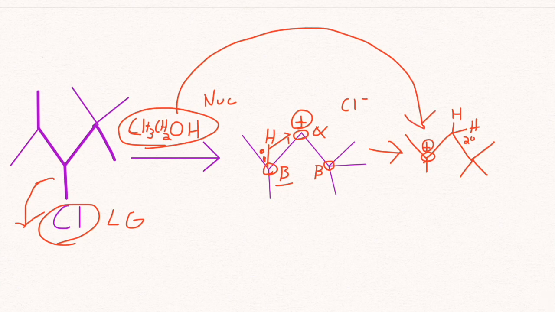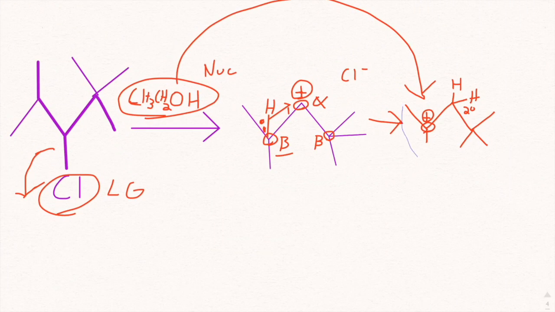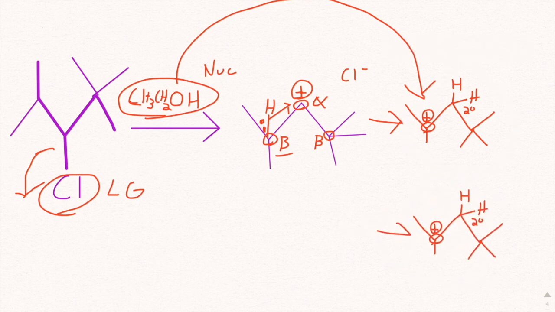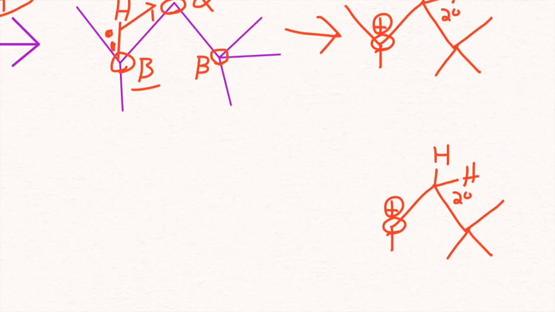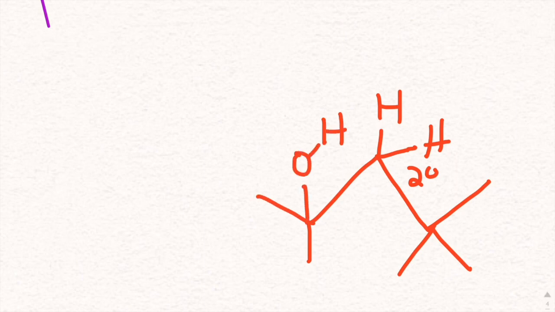So we can draw this step out and see what it's going to look like. I'm just going to drag and drop. The only difference is now you have this big ethanol attached to it, and it still has it connected to the same stuff, except now it's connected to where that positive charge was. So here we have our ethyl group.